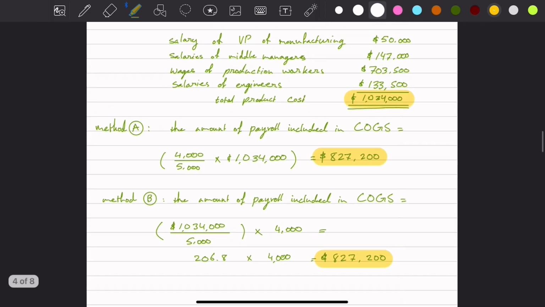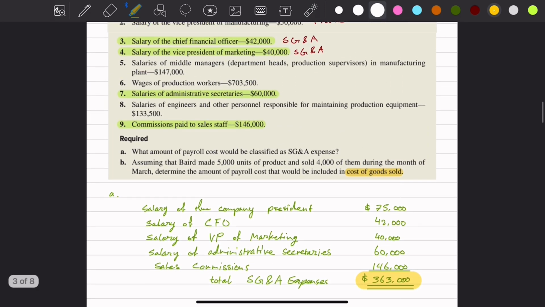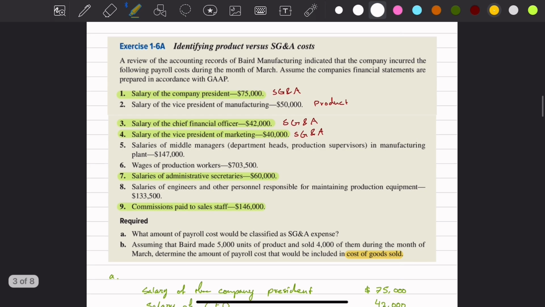This is how you can solve any similar question to this. It's relatively easy. Again, it depends on your understanding and your ability to classify different payroll expenses, whether they should be classified as SG&A or as a product cost.